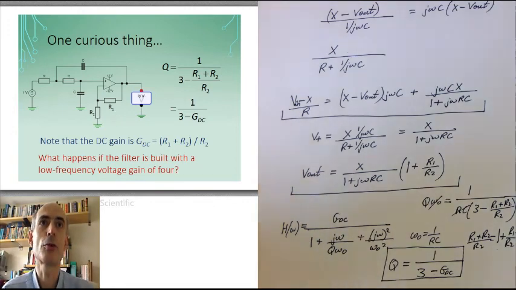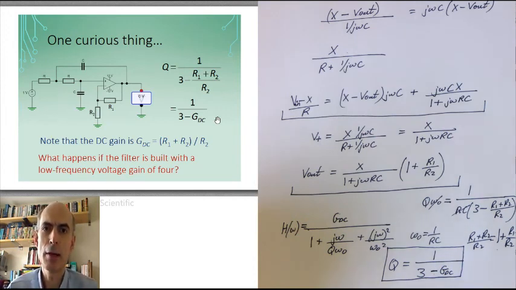There's another consequence of this formula, which turns out to be quite important as well when you're choosing a circuit for your filter. And that is that the Q factor and the gain at DC, the low frequency gain, are determined by the same two resistors, R1 and R2. In other words, you cannot set them independently.